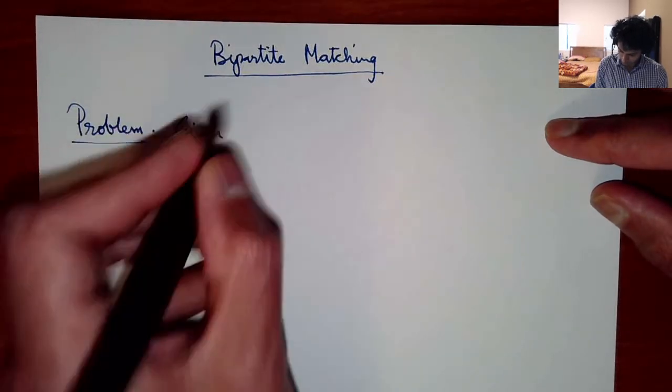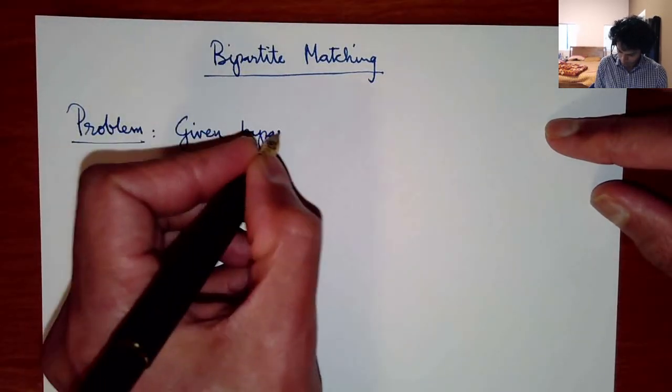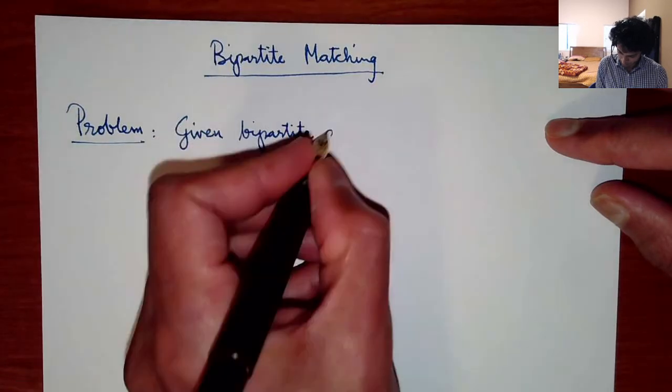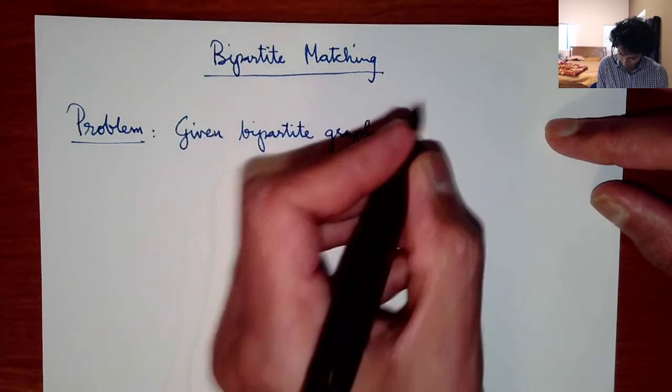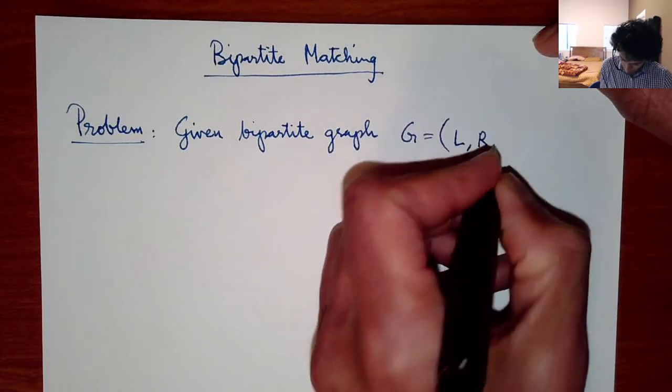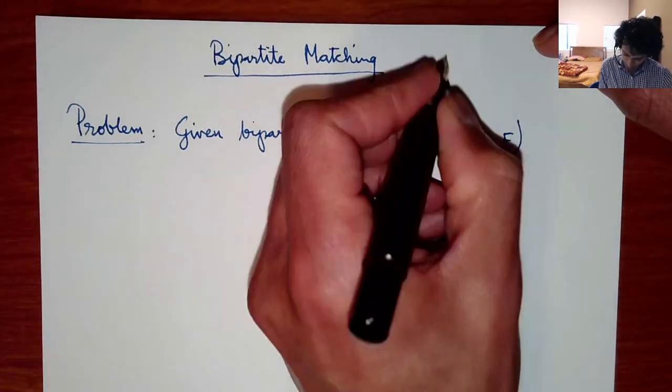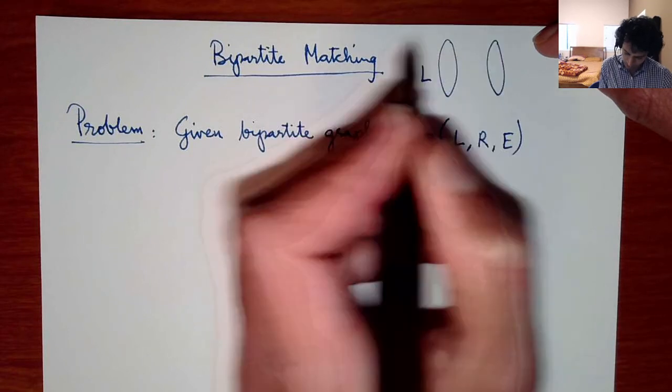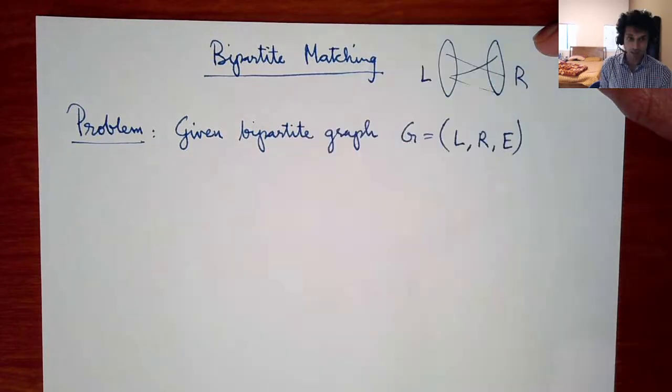Given a bipartite graph G equal to, I like to call the sets L, R, and E. So meaning that L is the left side, R is the right side, E are the edges.